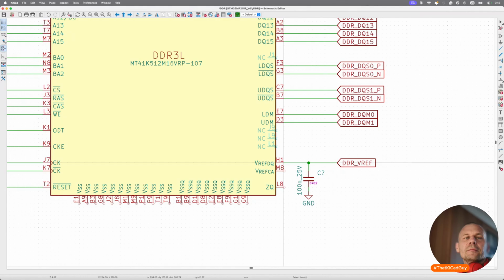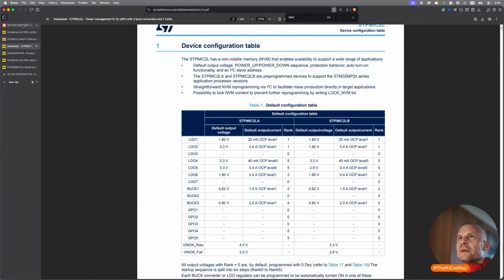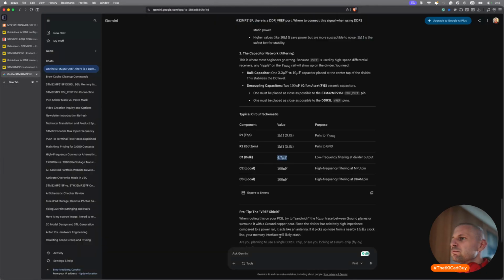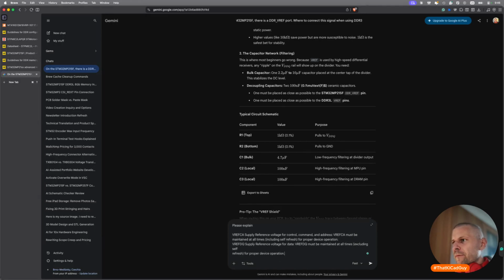And they say, yeah, let's ask Gemini, because it seems that this tool knows a thing or two. Please explain the VREF behavior including self-refresh and excluding self-refresh.